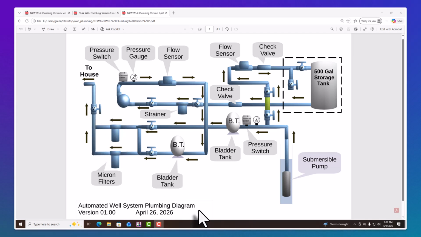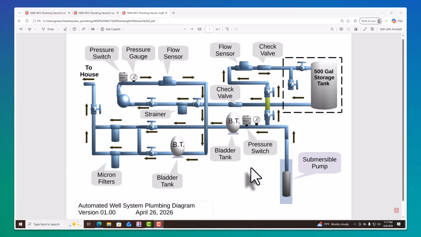Now, you might think, well, okay, wait a minute, there's something about the timing. Well, when I'm using the new system, the electronics manage power to this pressure switch. However, when I'm using the old system, I want power to continuously be applied to this pressure switch.